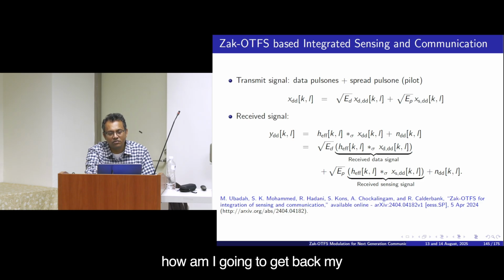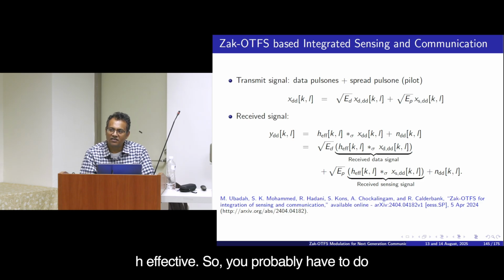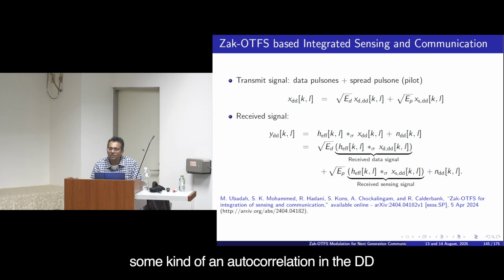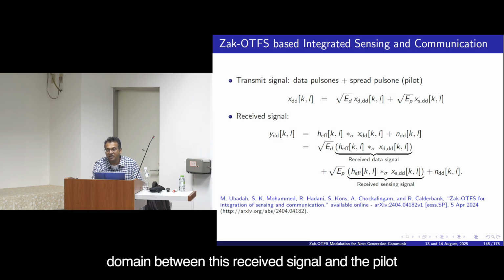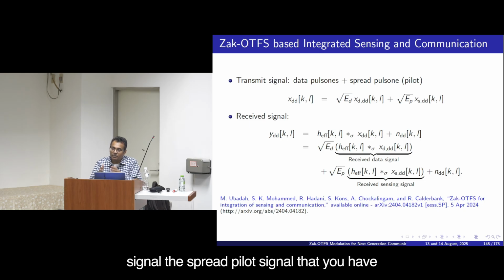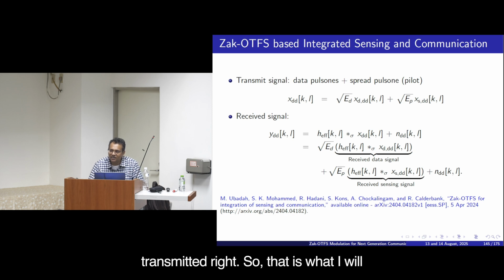So, you probably have to do some kind of an autocorrelation in the DD domain between this received signal and the spread pilot signal that you have transmitted, right. That is what I will show now.